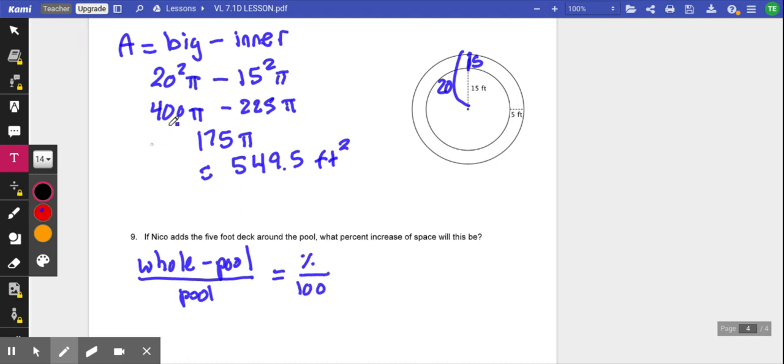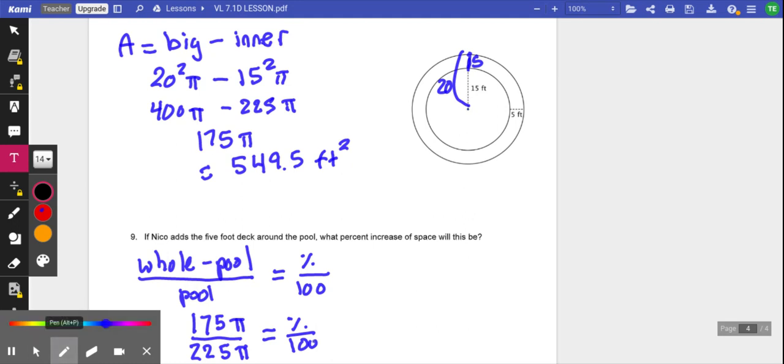So the whole thing was 400 pi minus the pool. So we get 175 pi. That's what he added for the deck. We did that work already. So I get 175 pi over the pool. We did that already. That was a 225 pi. Equals percent over 100.